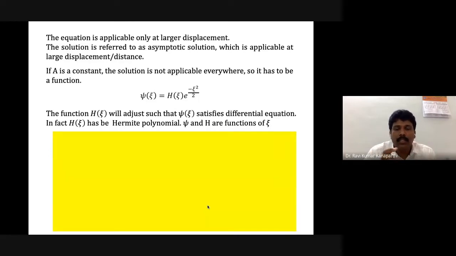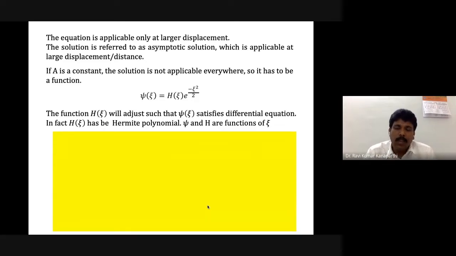It should adjust such that the total function, that is h of z multiplied by e to the power minus z square by 2, will satisfy everywhere, and it will be a complete solution of the harmonic oscillator. So that is the basic argument behind introducing h of z into our solution.